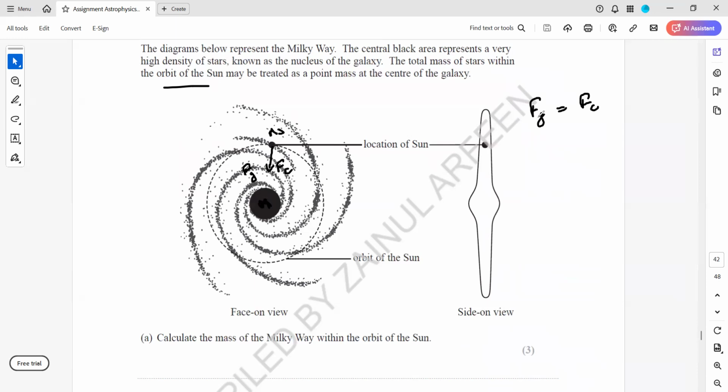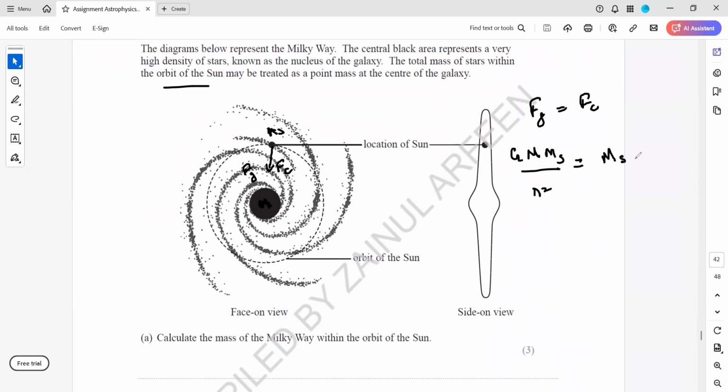According to Newton's law of gravitation, the force of attraction between two point masses is proportional to the product of the masses and inversely proportional to the square of the distance between them. So I can say G times the total mass of the stars within the orbit, M, times the mass of the sun, m, divided by the distance squared, r squared. And the centripetal force is mv squared over r. The centripetal force is the force acting on the sun as it moves around.